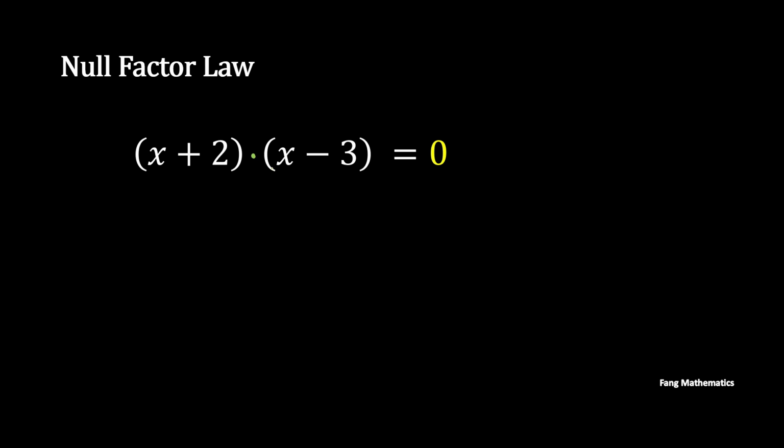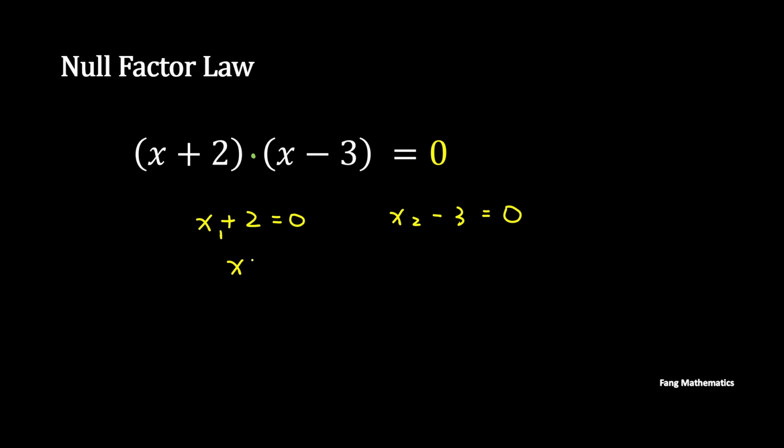So we are going to separate the factors we have. You have x plus 2, and then you have x minus 3. Let's equate each factor to 0, and you're required to solve.